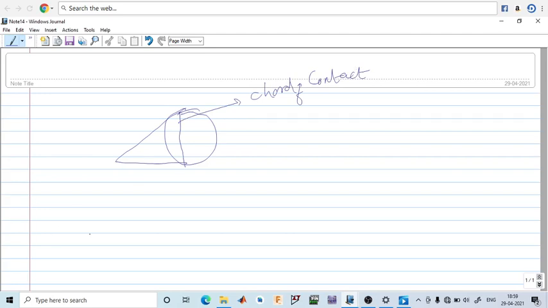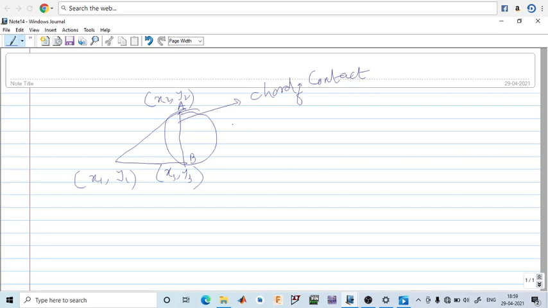Suppose I am writing the coordinates. Suppose these are x1 y1, x2 y2, x3 y3. The equation of the chord of contact is the same as that of the tangent, right? If we write AB as the chord of contact, its equation is the same as that of the tangent, but the point lies outside the circle, while in the case of the tangent, what we have done is that it lies on the circle, right?